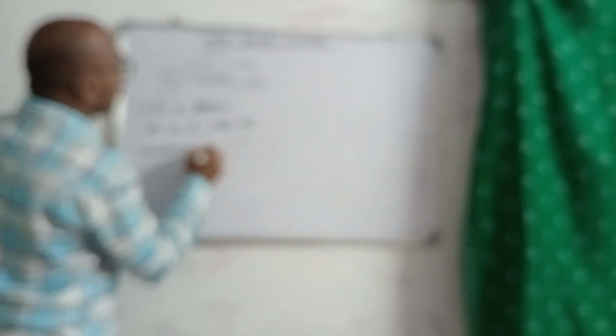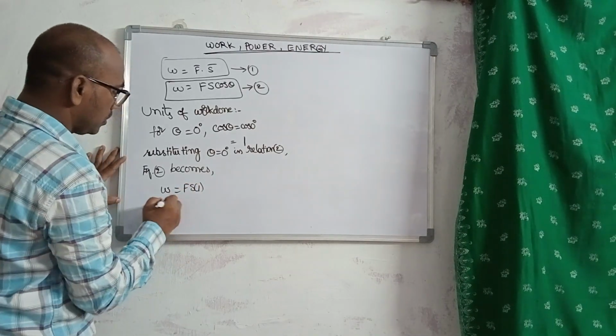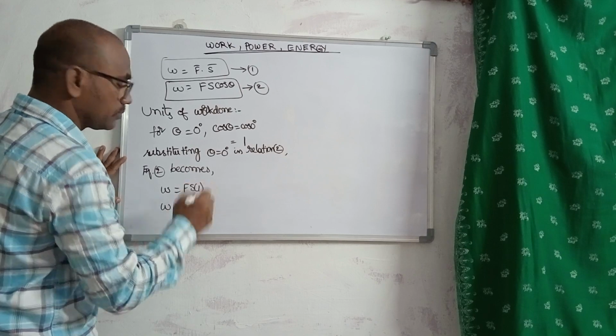Substituting theta equal to 0 degree in the relation, equation 2 becomes W equal to Fs into cos theta, and cos 0 equals 1. So Fs into 1, so W equal to Fs.